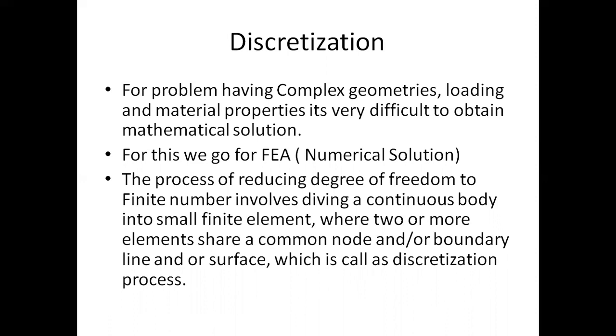It's called discretization. Discretization is the process of reducing the degrees of freedom to a finite number by dividing a continuous body into small elements. The whole body with an infinite number of degrees of freedom is converted into small finite elements where two or more elements share a common node, boundary condition, line or surface.